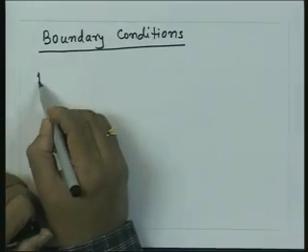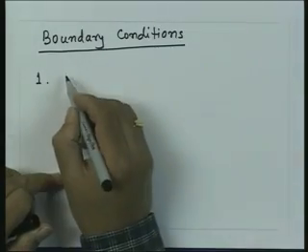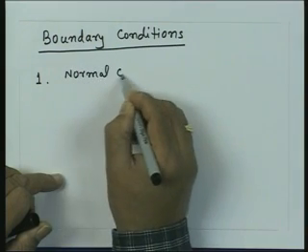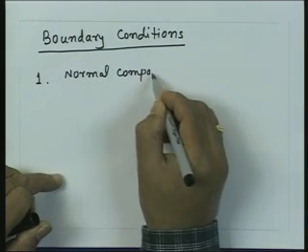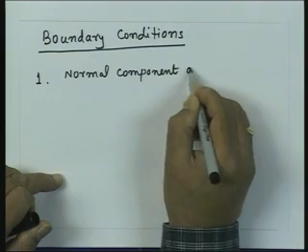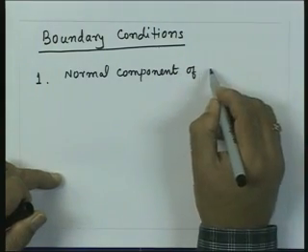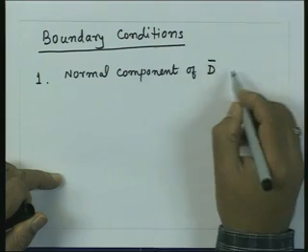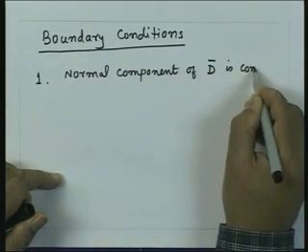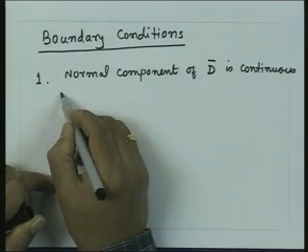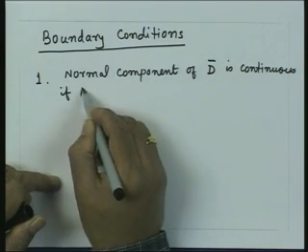The first boundary condition says: the normal component of D is continuous if no surface charge.